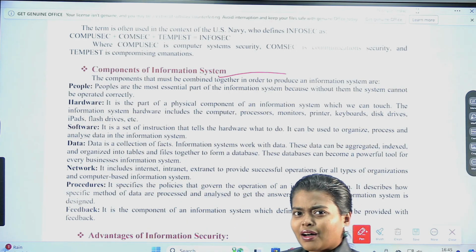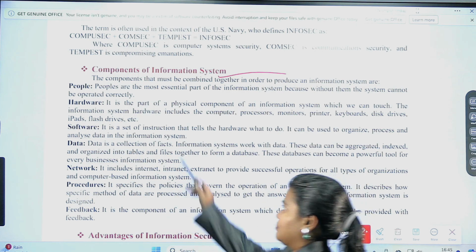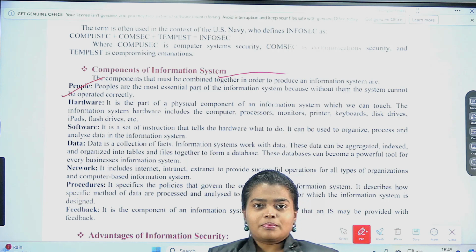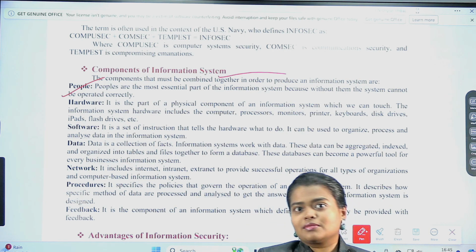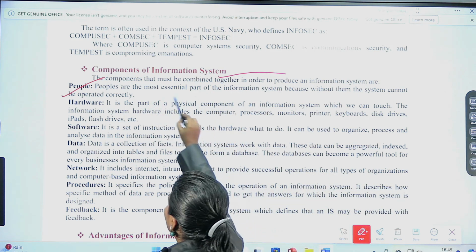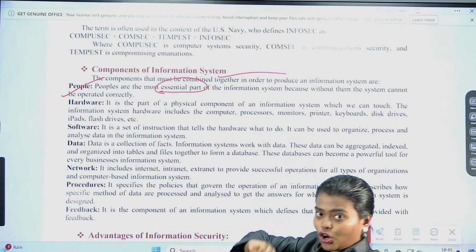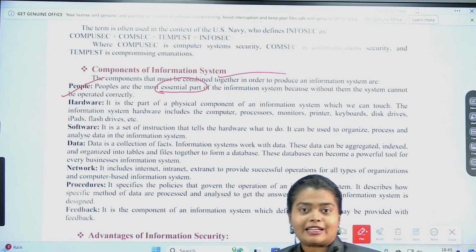The first component of the information system is people. As we know, people are our audience. People are the most essential part of the information system, because without them the system cannot be operated correctly.